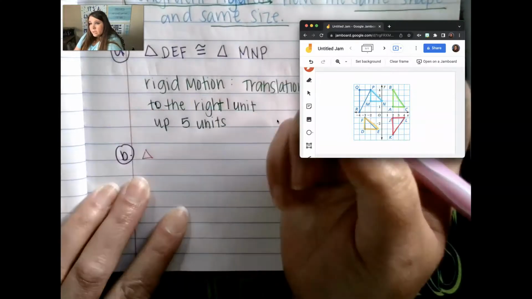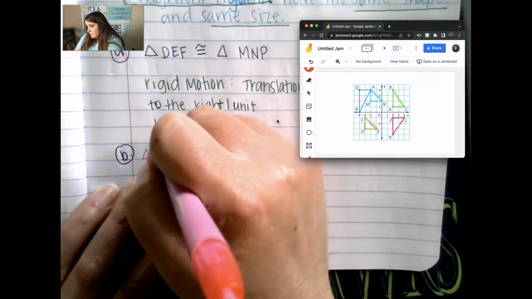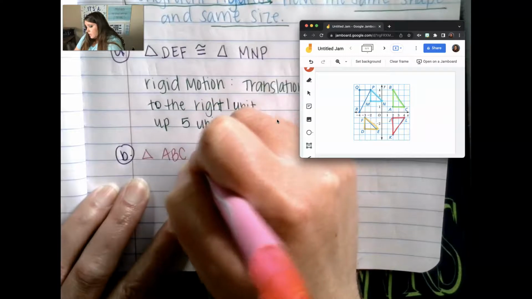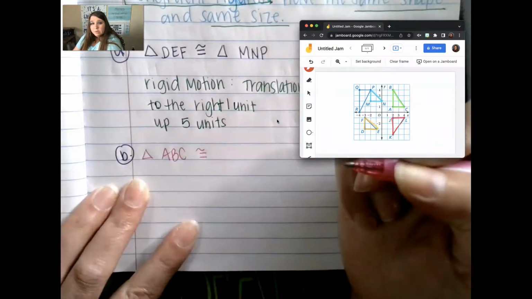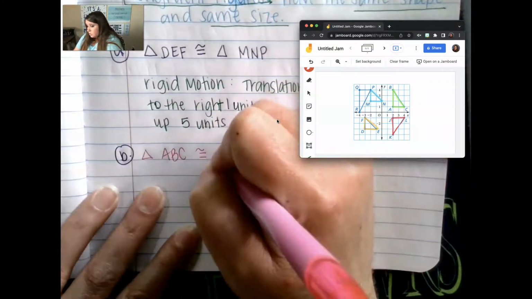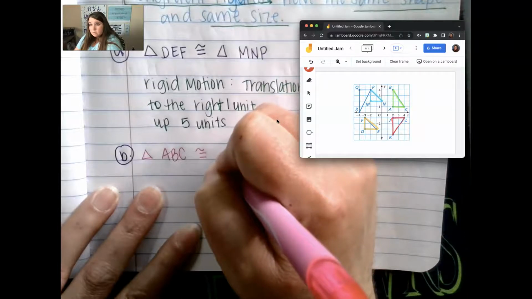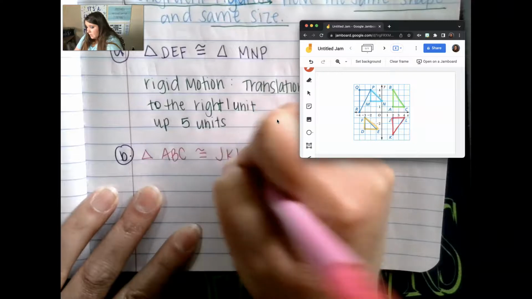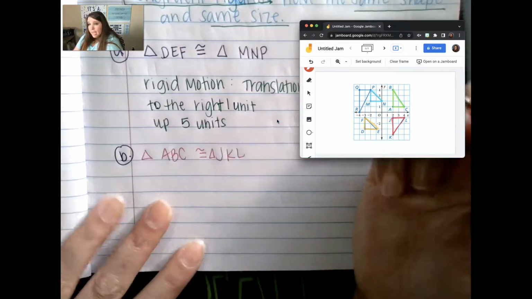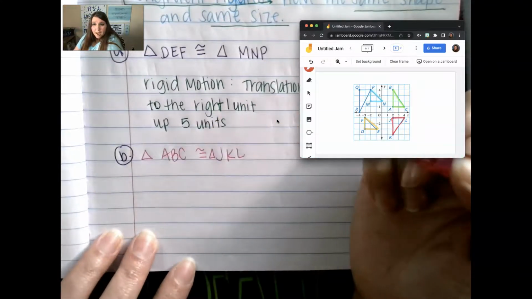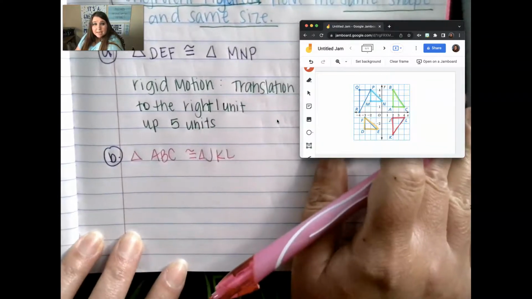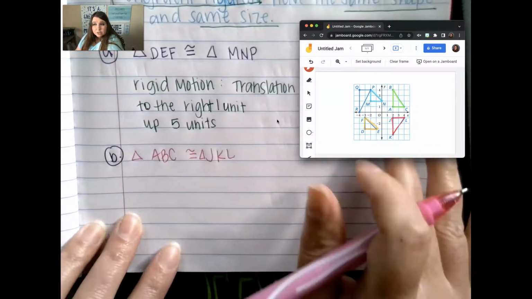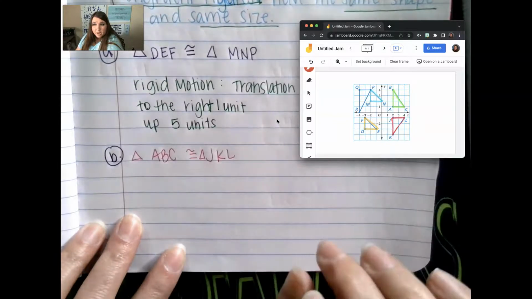So let's go ahead and talk about the triangles that we see. We have triangle ABC, and triangle ABC is going to be congruent to triangle JKL. And now we're going to talk about the why. So they have the same angle measures. They're both right triangles.